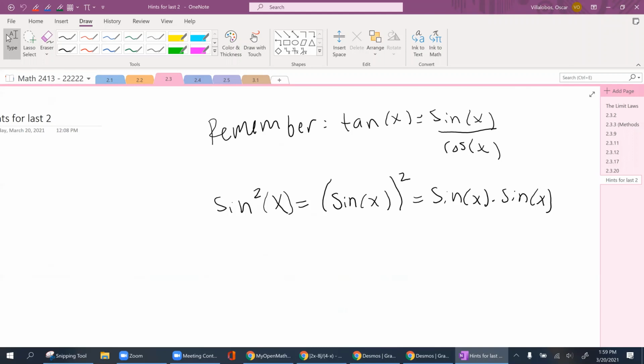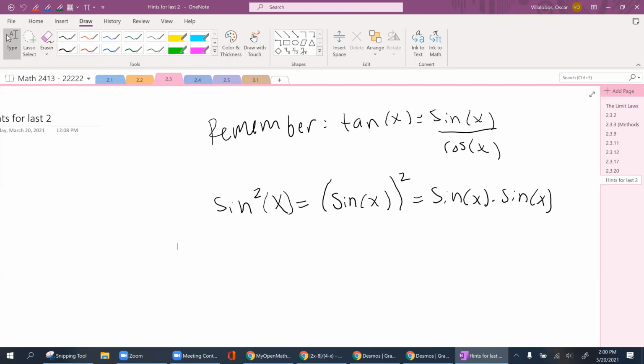But basic ideas like the Pythagorean theorem, the reciprocal identities, and so forth. So just remember tangent is the same thing as sine over cosine. If you see tangent, you can make that substitution.